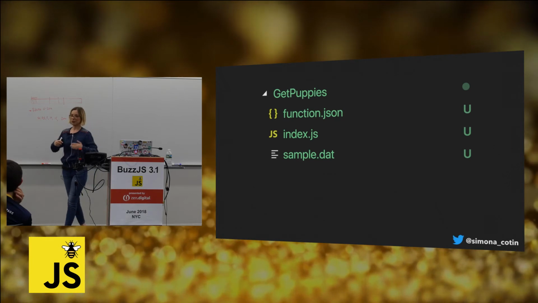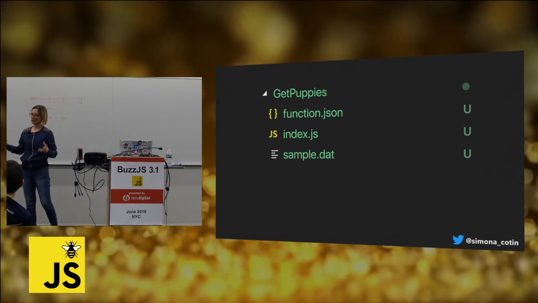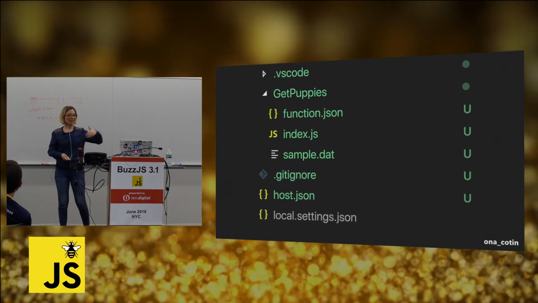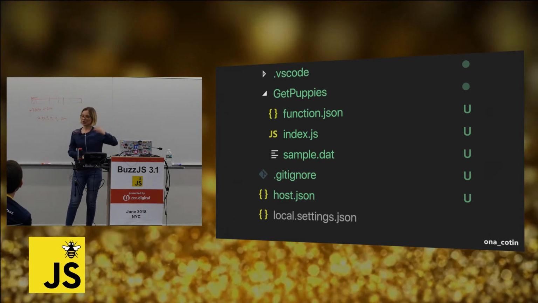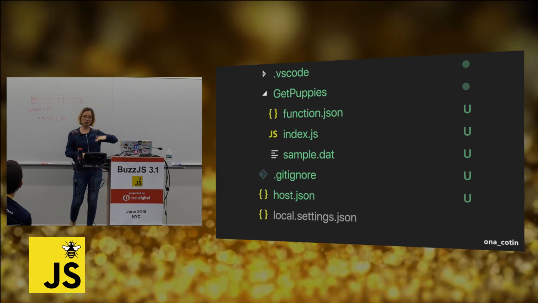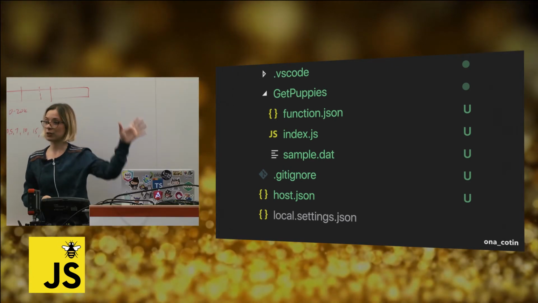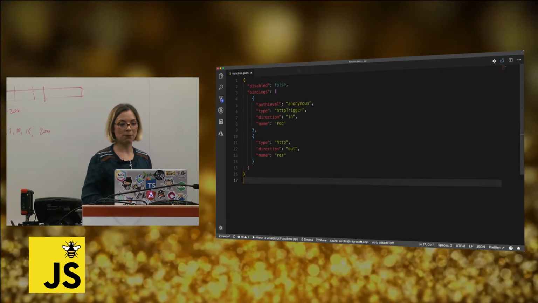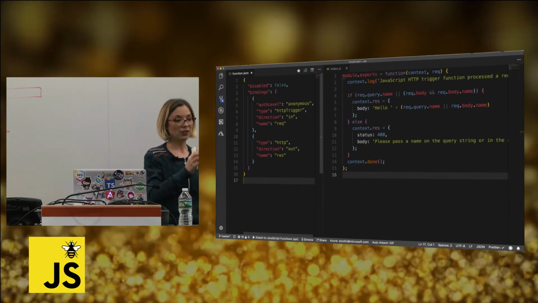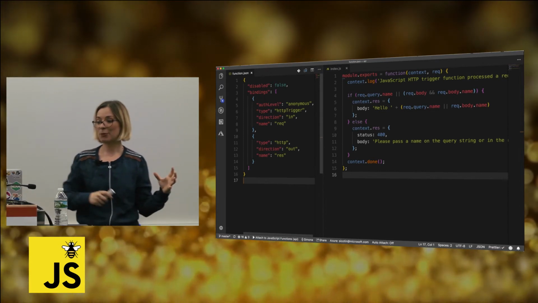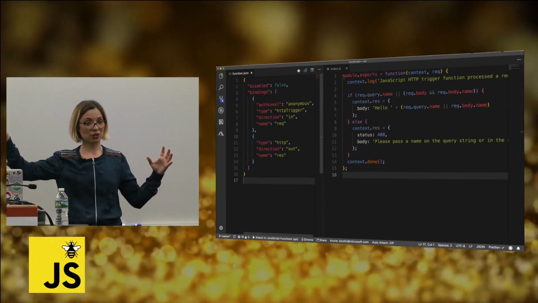And then I mentioned that we're creating a new function, and that creates a new folder, which has 3 files. Very important. Then we have our package.json, we have our local.settings.json file, and configuration files that are specific to all the functions. And then here we have the function.json, which is the function configuration file, side by side with the index.json file.